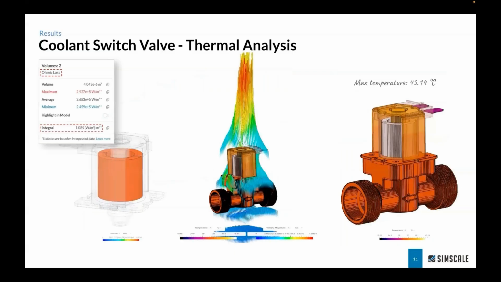Let's move on to the thermal simulation results. We used the ohmic losses computed from the electromagnetic simulation, and we assigned these losses as a power source to the coil in the thermal simulation setup.